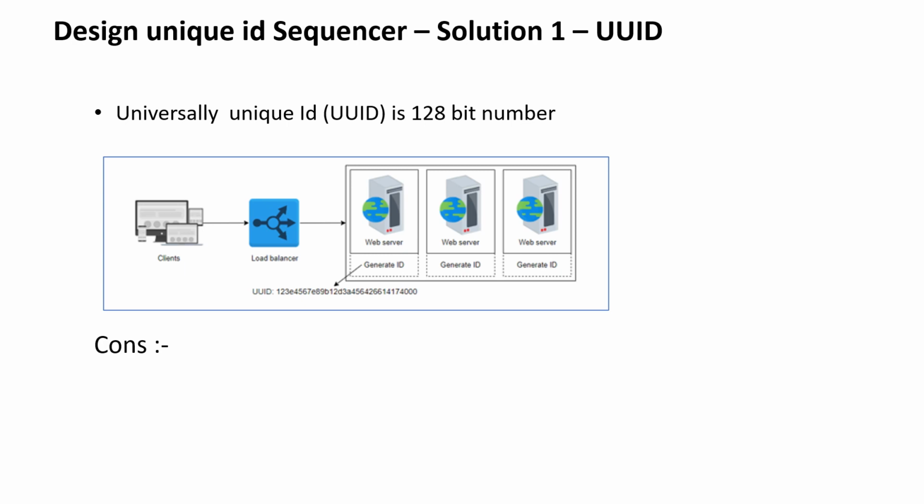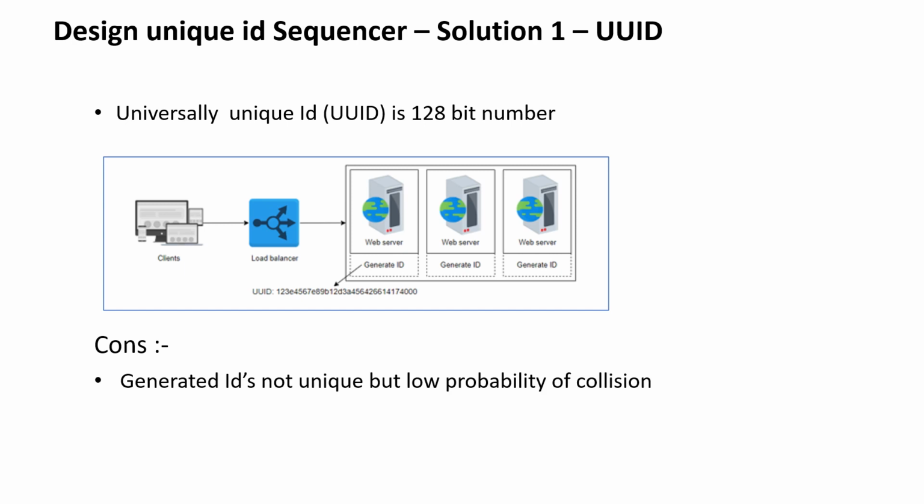But there are some cons with this approach. There is no coordination, because every web server is generating its own unique ID. So the IDs are not unique as such. Because it is a very big number, there is a very low probability of collision, but theoretically we can say the IDs are not unique, right?